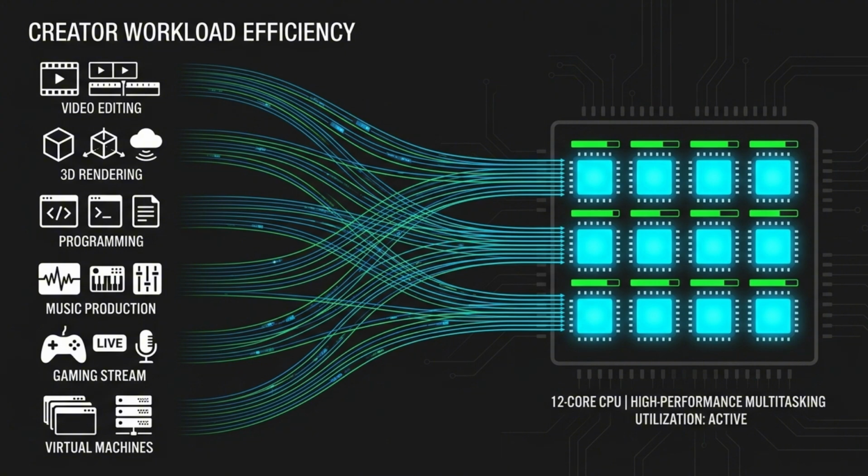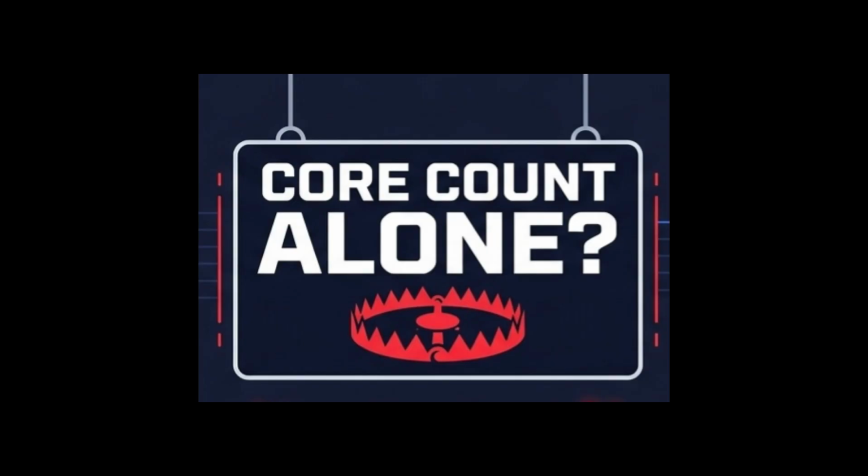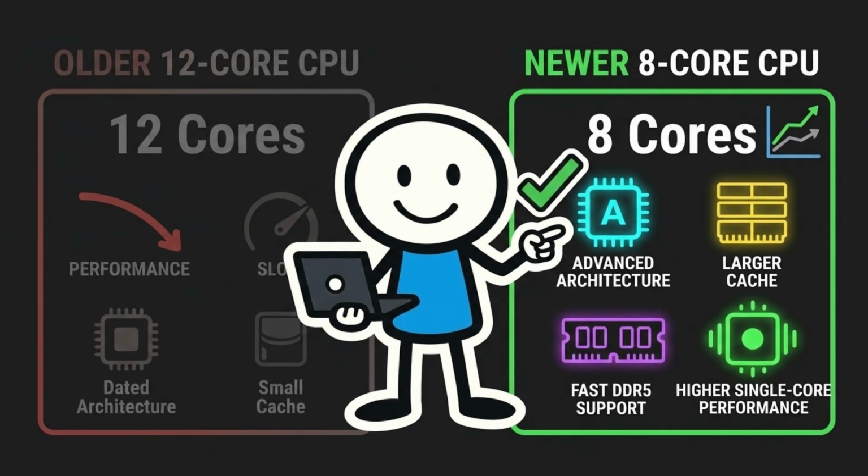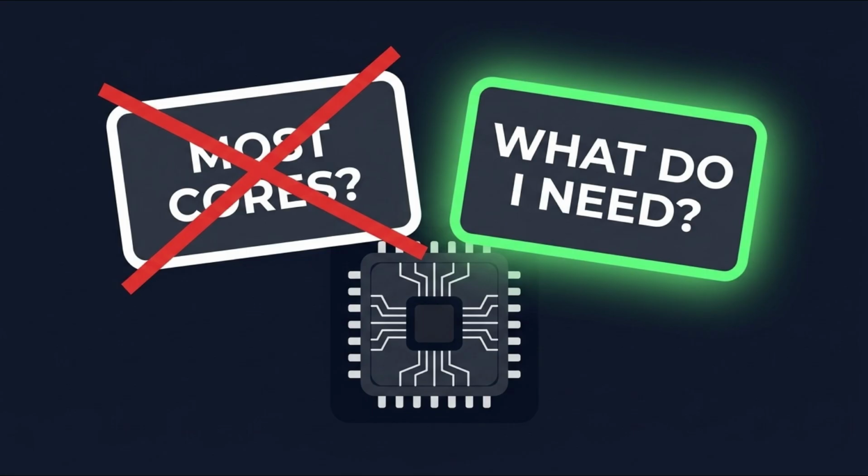But here is where people make mistakes. They choose a CPU by core count alone. A newer 8-core CPU can beat an older 12-core CPU because of better architecture, faster cache, better memory support, and stronger single-core performance. So instead of asking, what CPU has the most cores, ask, what do I actually need this computer to do?